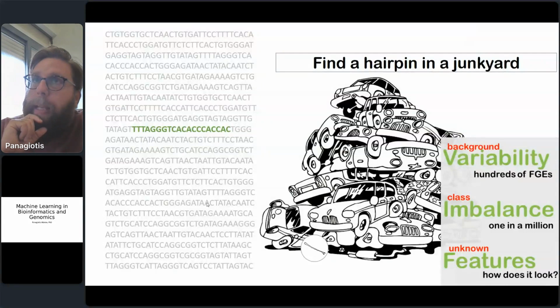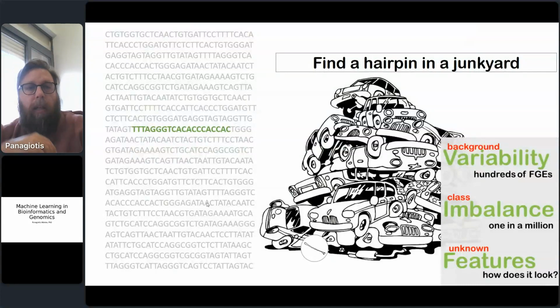So in a genome, let's say a human genome of 6 billion letters, imagine that there might be 100,000 genes. Let's say roughly, if each gene has a promoter, this means that there are like 100,000 promoters out of 6 billion letters. It's a very small part of the genome.